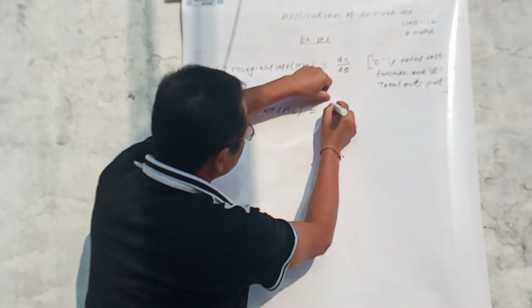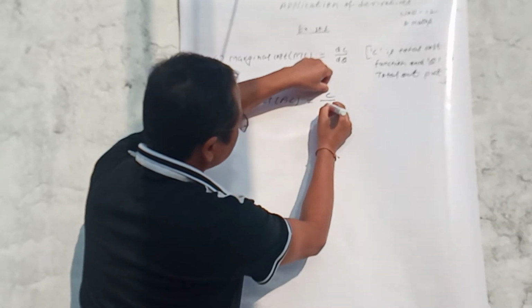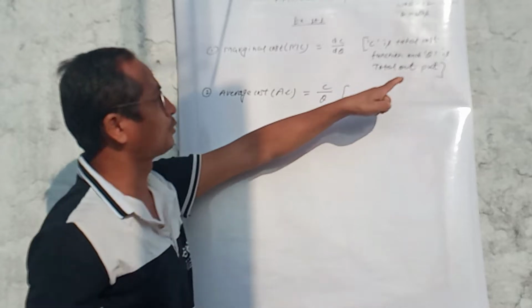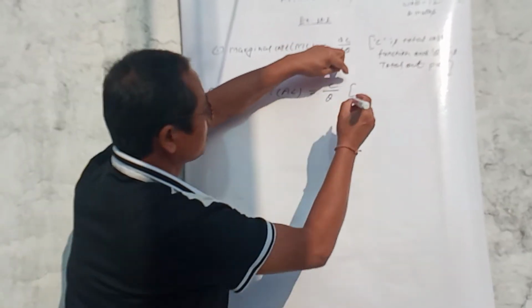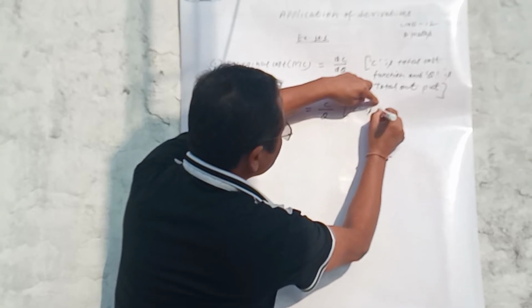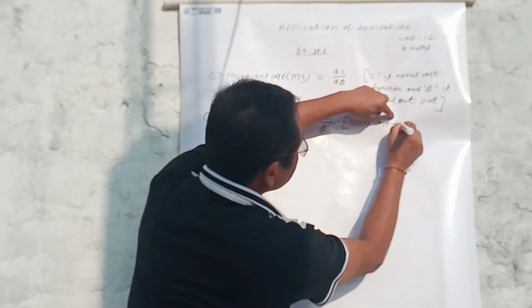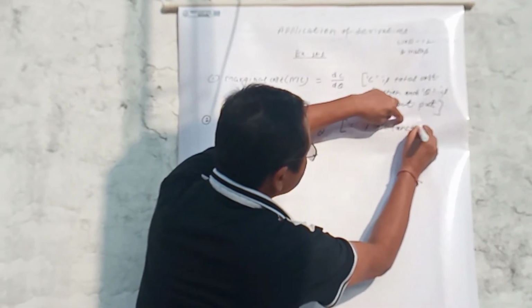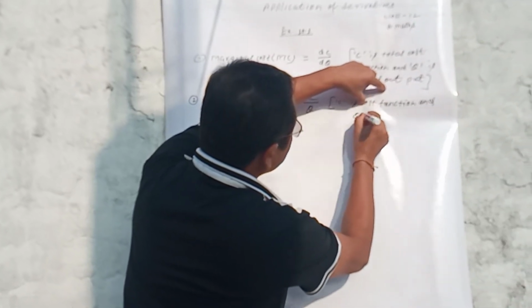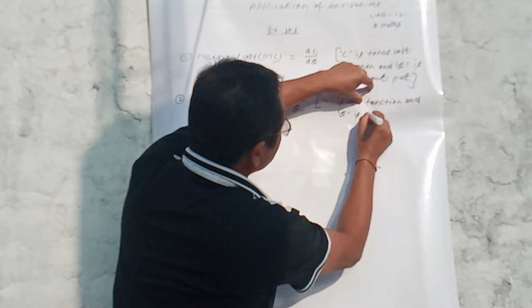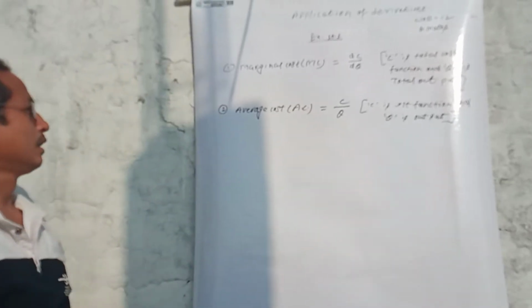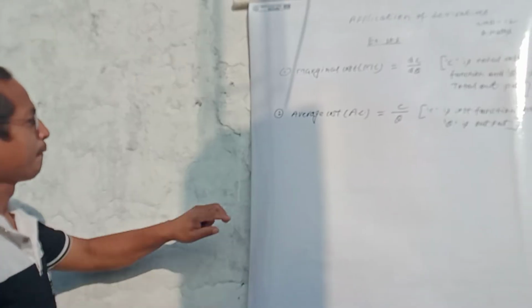The formula is C by Q, where C is the total cost function and Q is output. That is the average cost.